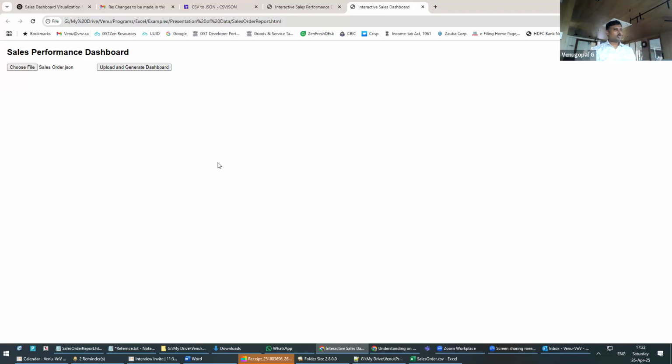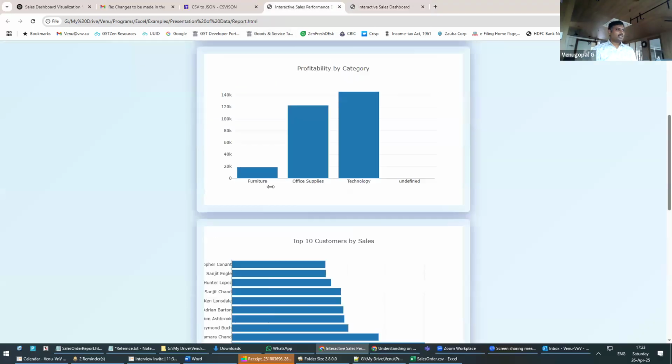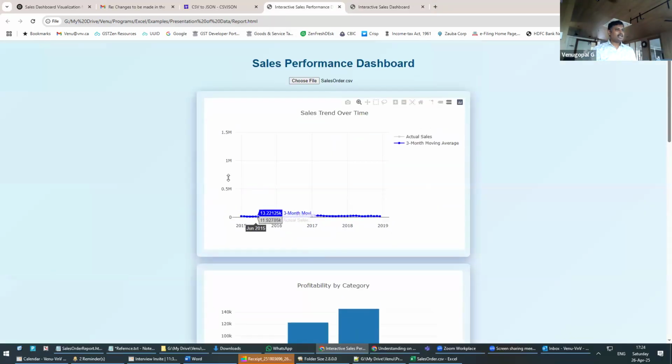So there was code inside; it is reading the data and it would generate a dashboard. Are you all getting a report something like this?